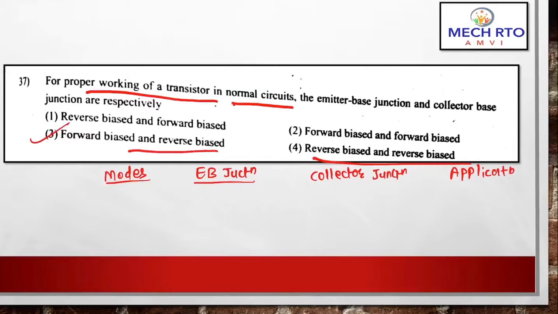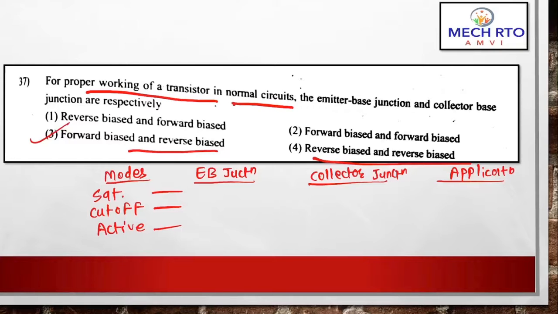Just see the classification and you will be solving these types of questions very easily, right? So mode for saturation, for cutoff region, for active region. For saturation, cutoff and active region, we will be seeing what kind of forward bias or reverse bias is used and what the application of these junctions is for proper working.